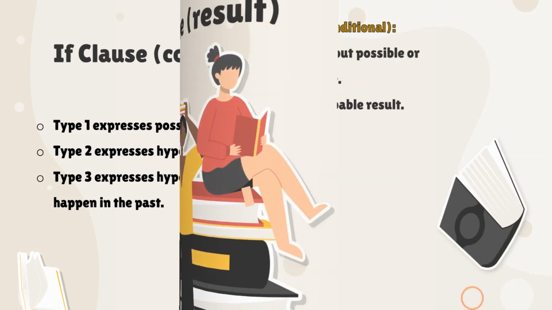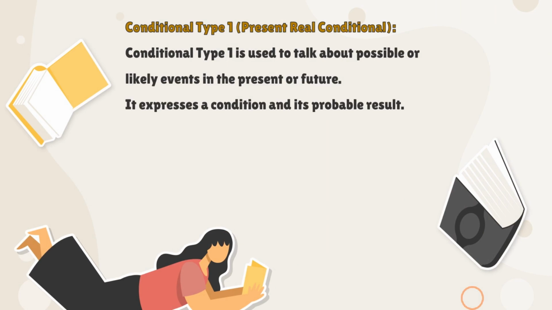So, let's start to unlock the secrets behind each type. First type is conditional type 1. We use conditional type 1 to talk about possible or likely events in the present or future. It demonstrates a condition and its probable result.